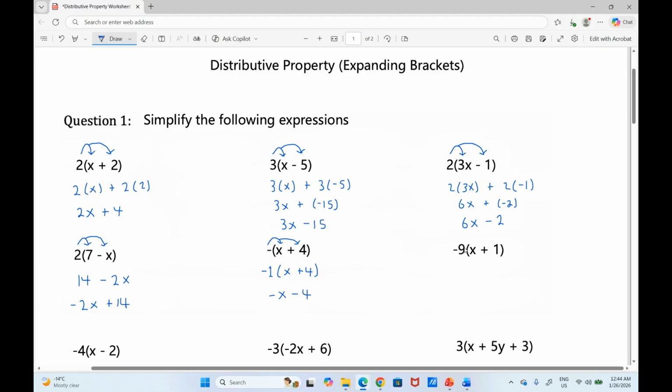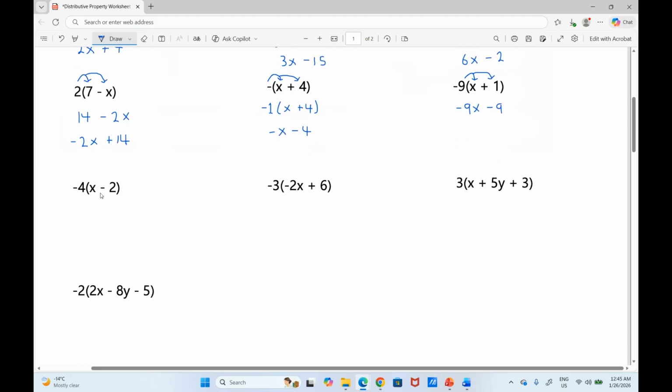Okay, now I have negative 9 times x and negative 9 times 1. So negative 9 times x is negative 9x, and negative 9 times positive 1 is going to be negative 9. Okay. Now I have negative 4 times x and negative 4 times negative 2.